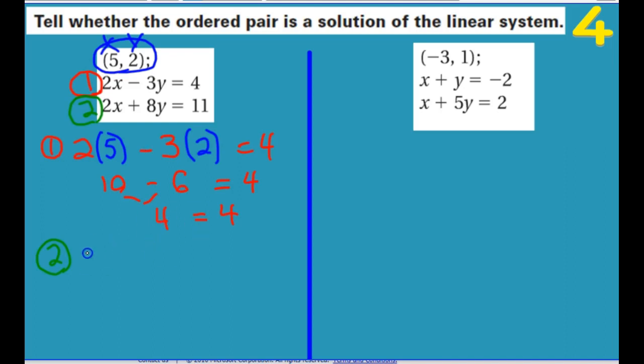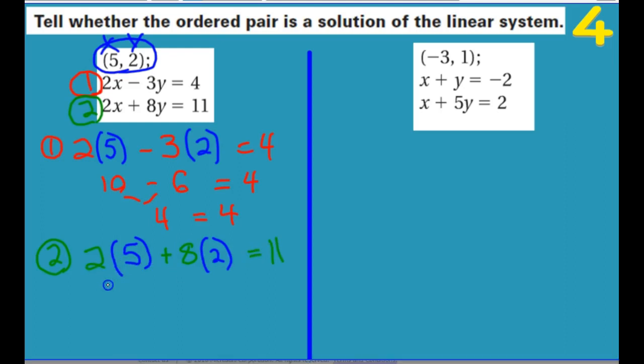So we'll have 2 times 5 plus 8 times our y, which we said our y was 2, and that equals 11.